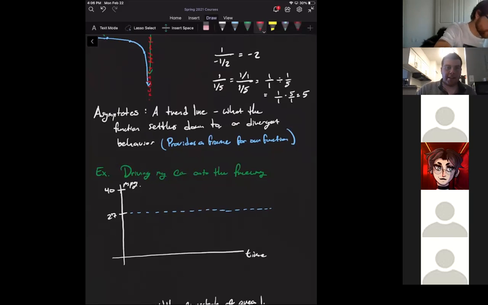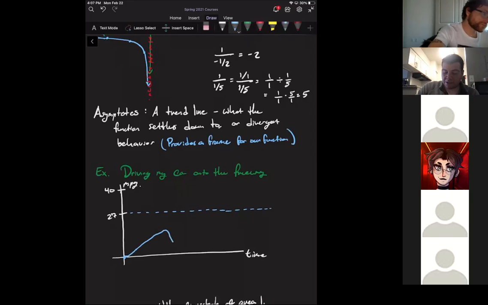But at every point in time, I wasn't getting 27 miles to the gallon. I'd start off at time 0, my car's not on, it's not moving, so I'm getting 0 miles to the gallon. So at the origin, we're at 0. Then I start moving. I have to drive through my residential neighborhood with a lot of stop signs, so the mileage is pretty low.